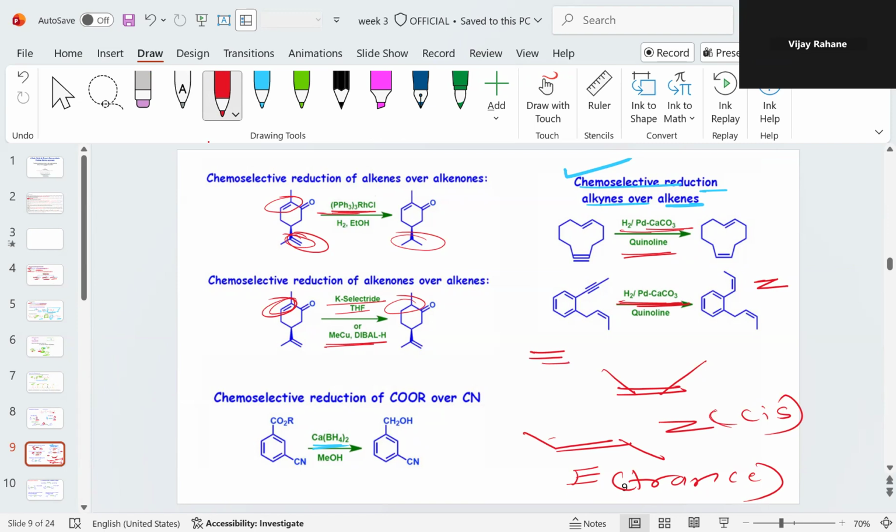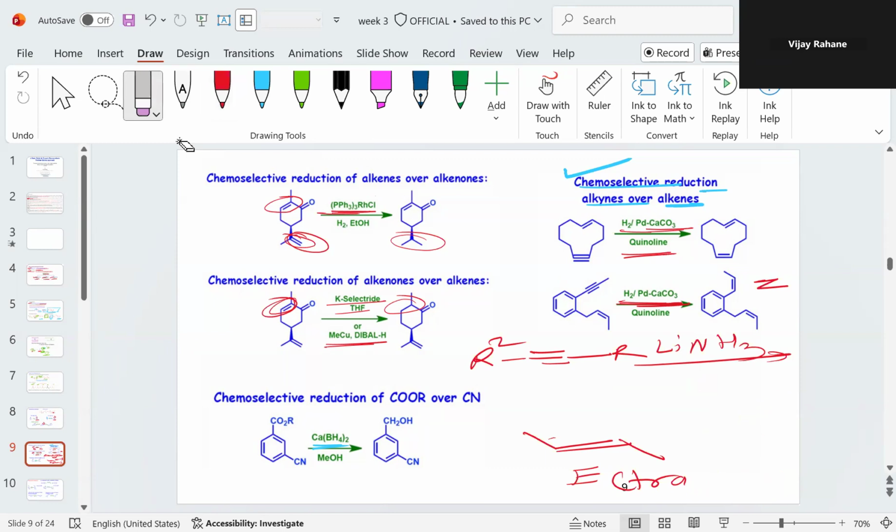If you use lithium in NH3, in that case you can selectively get the E, or trans, alkene as the major product. In this condition you get this type of trans alkene as the major product.